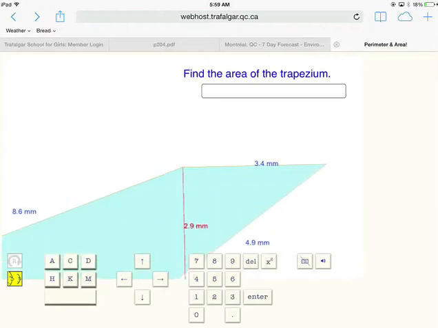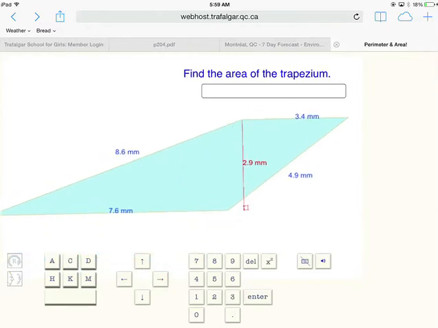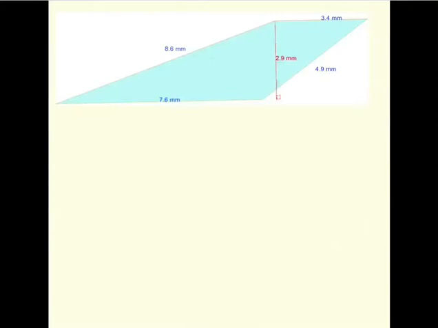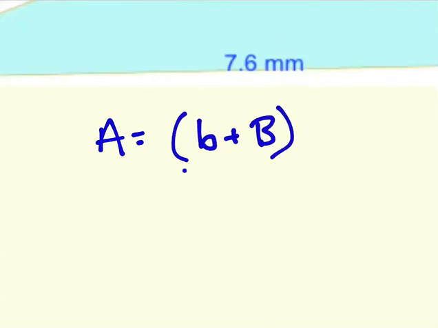So for this shape, I would just move it like that. And then let's go find out the area of this. So the formula for the area of a trapezium is the area is the average of the bases. So little base plus big base divided by 2, and then that multiplied by the height.